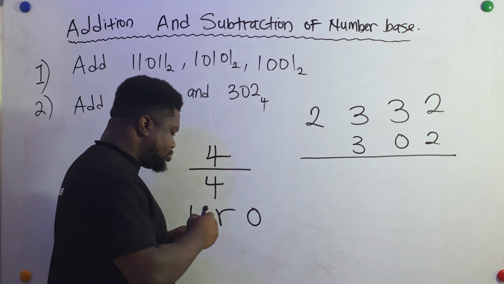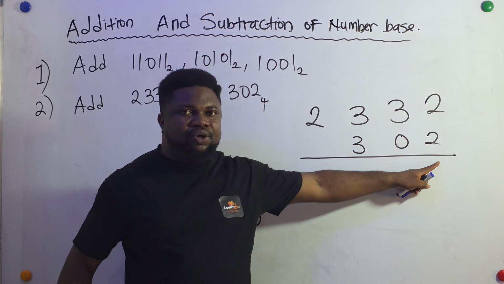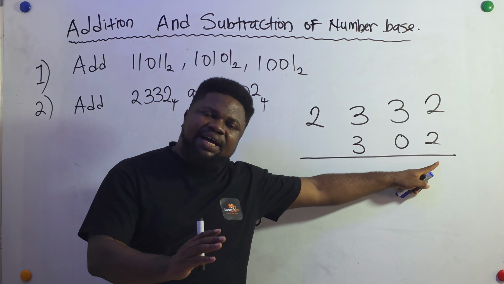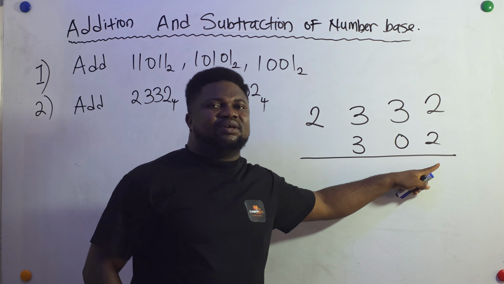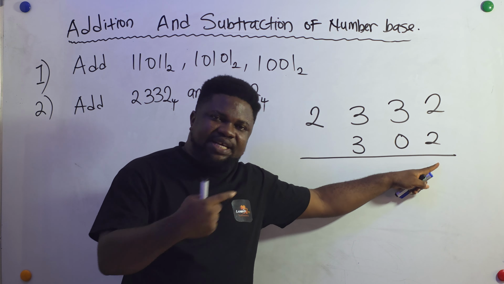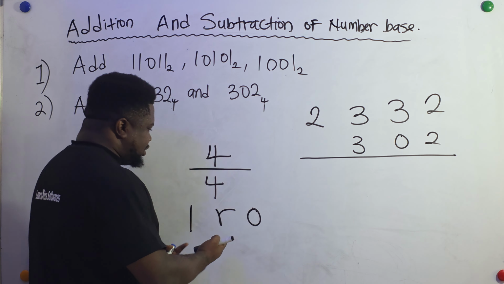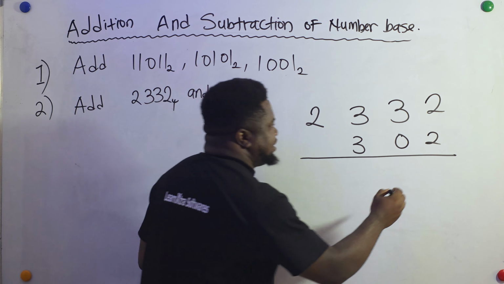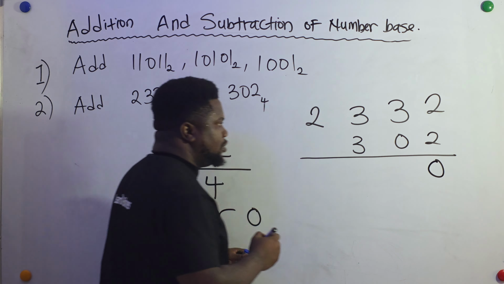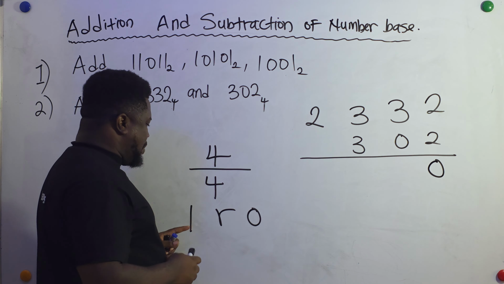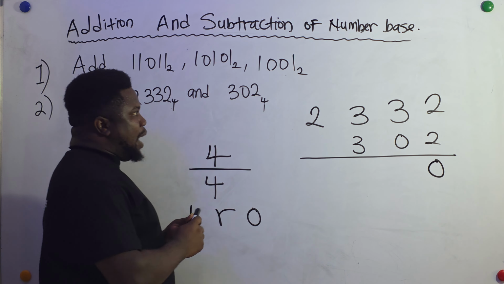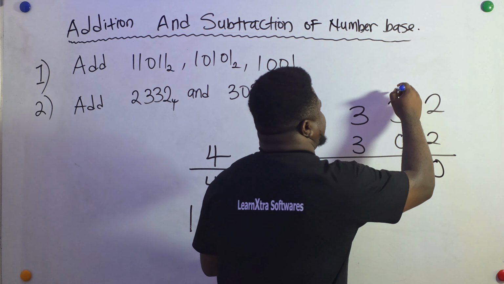0. So what do we write down here? What we write as the answer is always the remainder. Know this and you know peace in this course. Write always the remainder. So I'll put my answer here as 0. My quotient, which is 1, I will add to the next place.